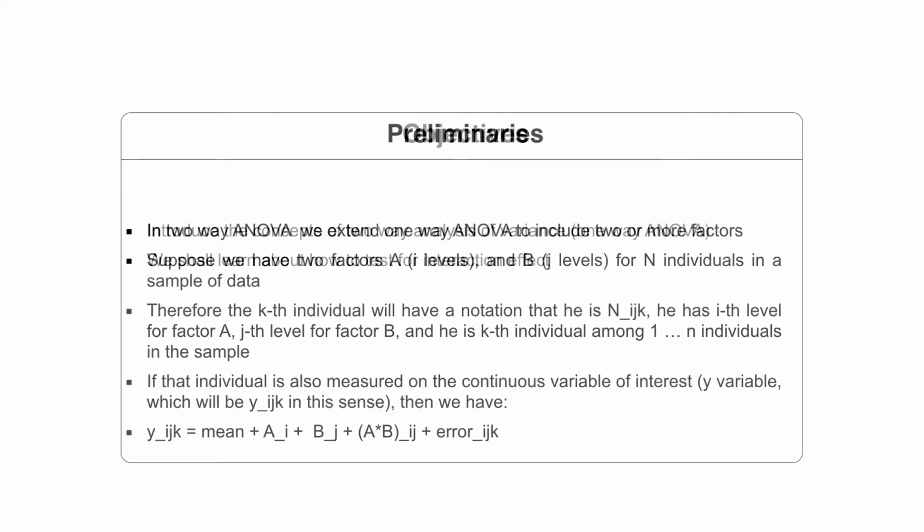So to repeat, in two-way ANOVA, we are going to extend one-way ANOVA, and we're going to include two or more factors. As we have already mentioned, in the context of R for statistics, any categorical variable can be converted into a factor variable.